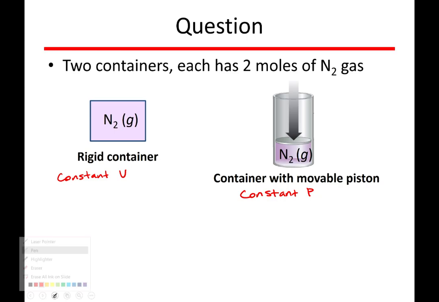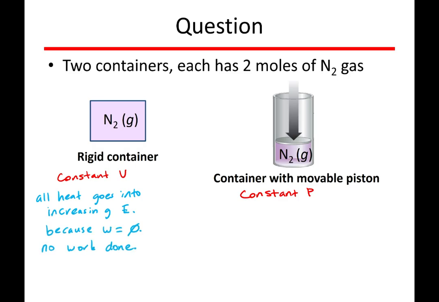When you heat the gas in the container that is rigid, when you're heating it at a constant volume, all of the heat gets put into raising the internal energy of the gas. All of the heat goes into raising the temperature of the gas and increasing its kinetic energy. The reason why is because when you heat the gas in a rigid container at a constant volume, no work is being done.